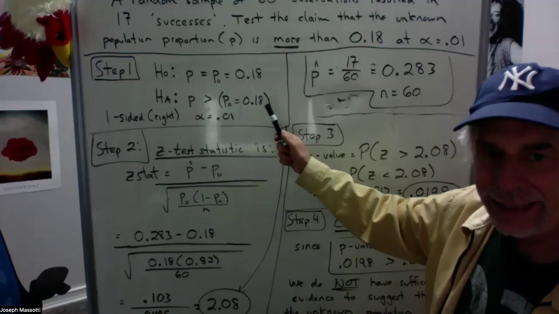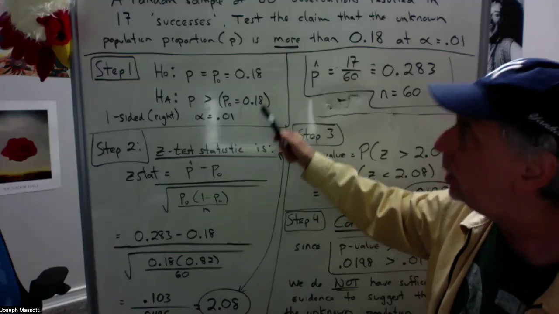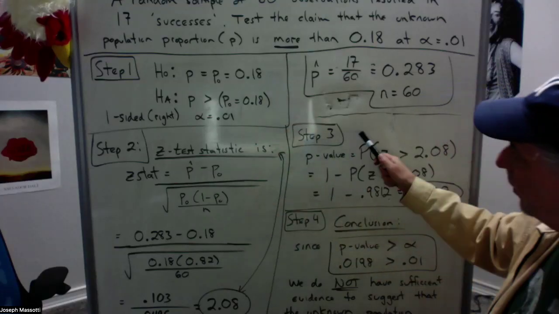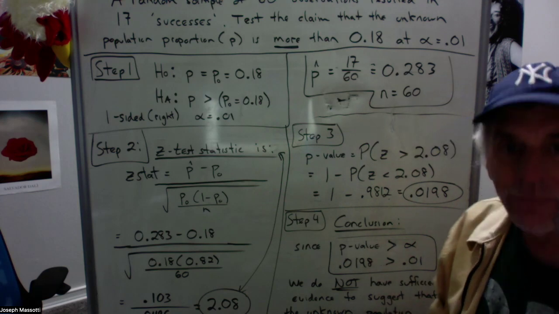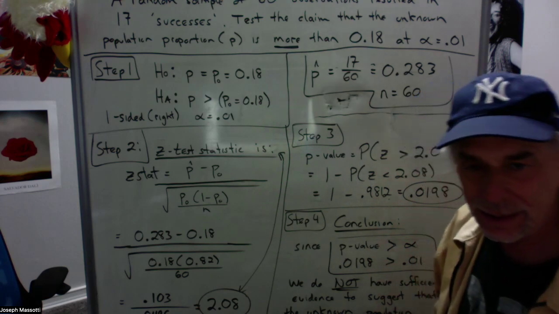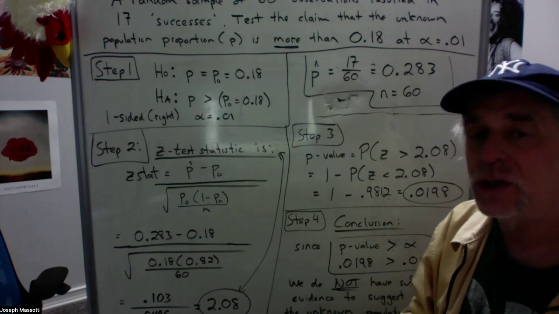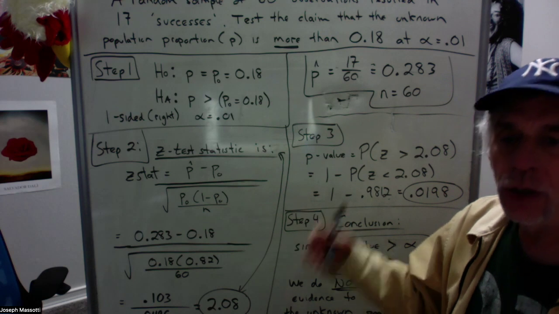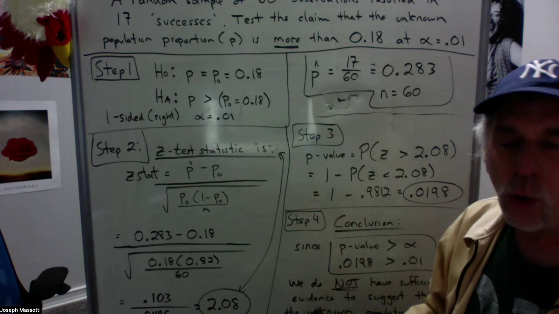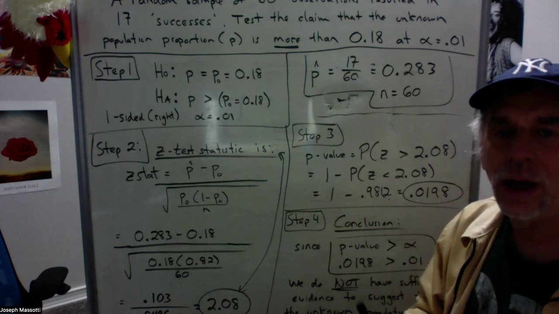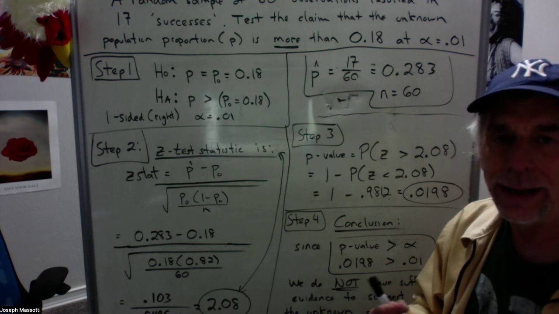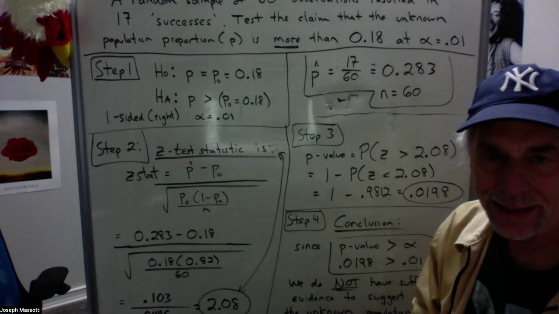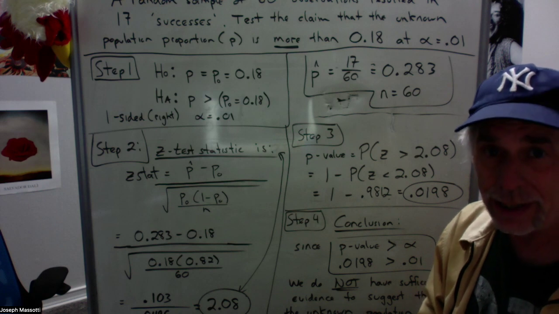I want, and will require, you to show these 4 steps whenever we do a hypothesis test. So it's nice to use your calculator to check your answers, but I don't want you to just use your calculator to do the whole test. The whole idea of this class is to understand the theory behind confidence intervals and hypothesis tests, not just to plug numbers into your calculator.